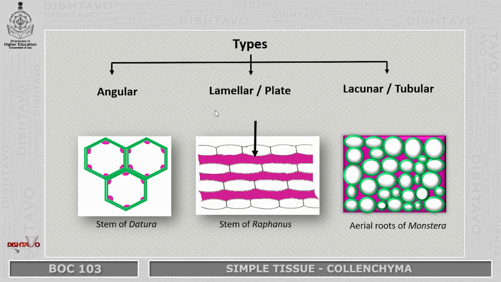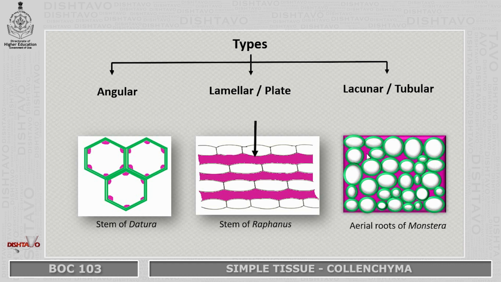Since it gives the appearance of lamellae or bands, it is referred to as lamellar or plate collenchyma. This type you will see in the stem of Raphanus. Then we have the third type, lacunar or tubular.